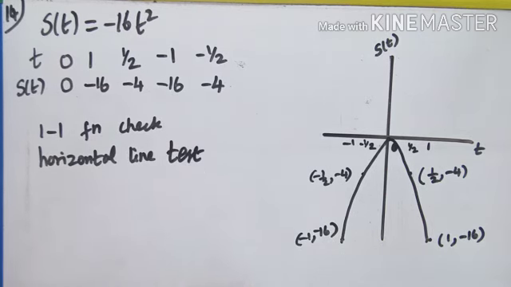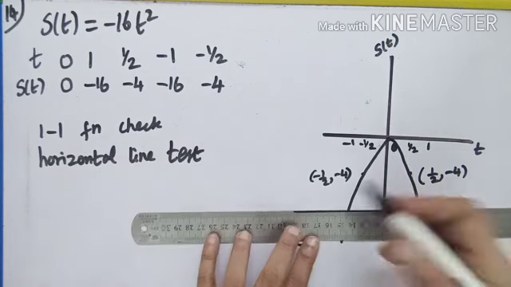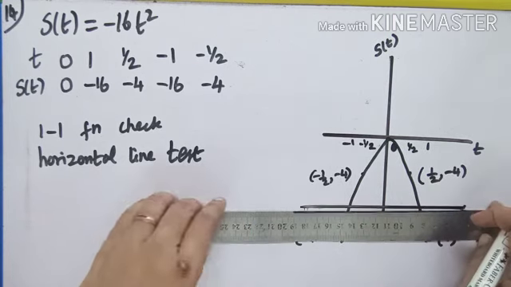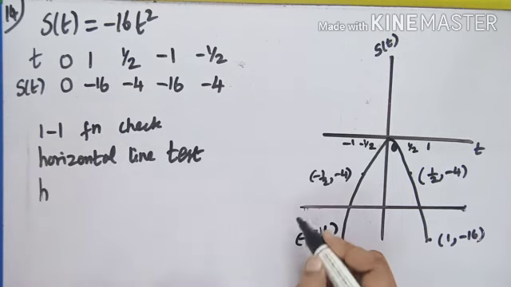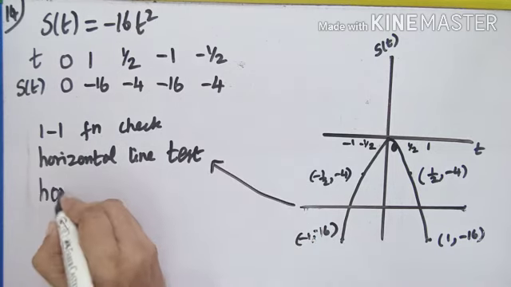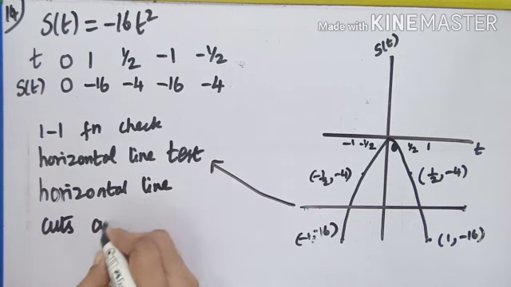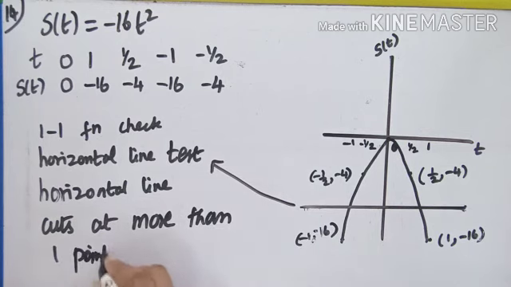The horizontal line test tells me if I draw a line anywhere, somewhat like this, and the horizontal line cuts at more than 1 point, so this is what I have drawn, it tells me it is not 1-1.